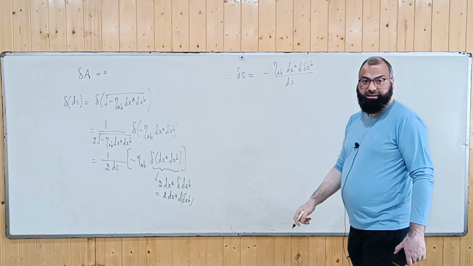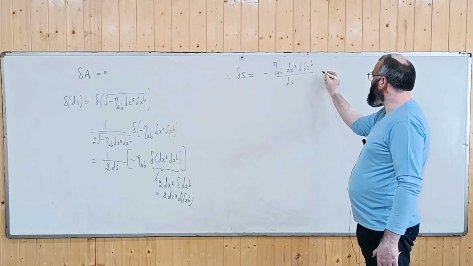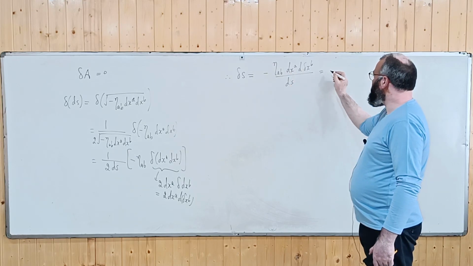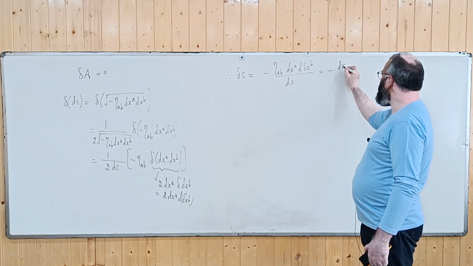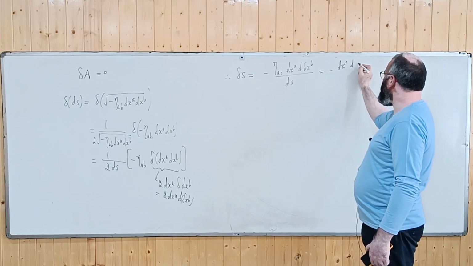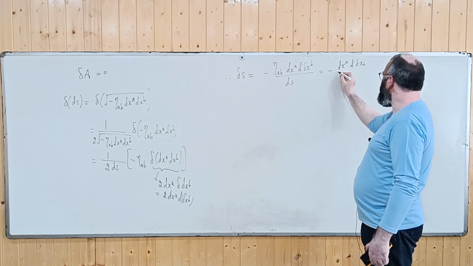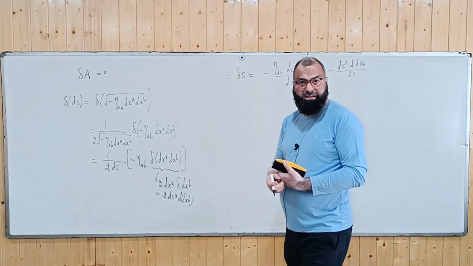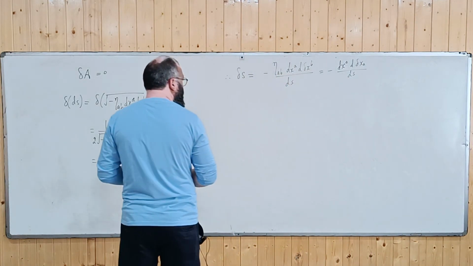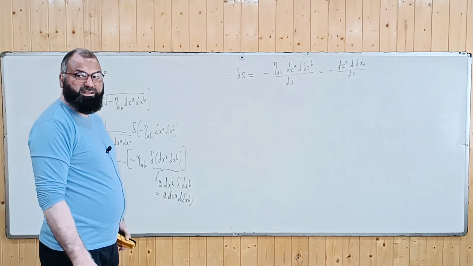Clear? So now you can write this as minus dxa d of delta x a by ds. Can I write it? Okay, so this is our variation.